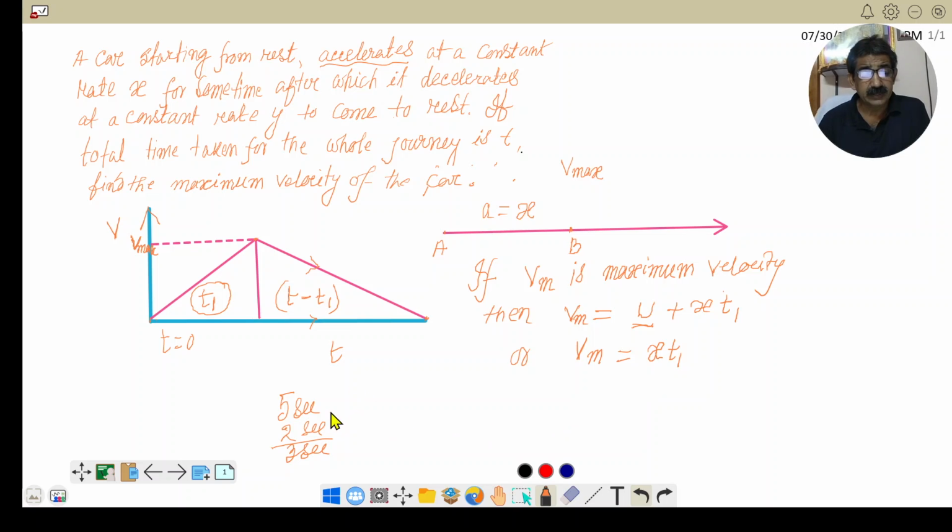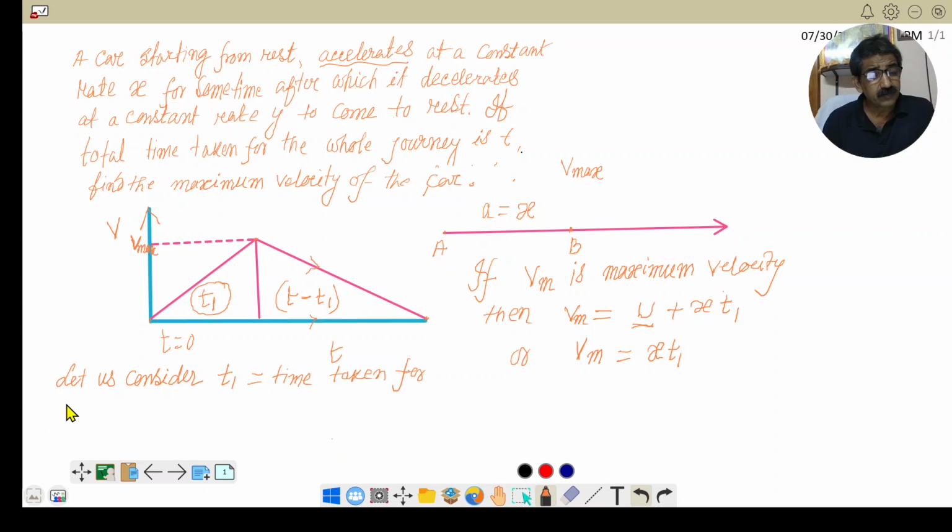We have considered T1 as the time taken for accelerated motion.